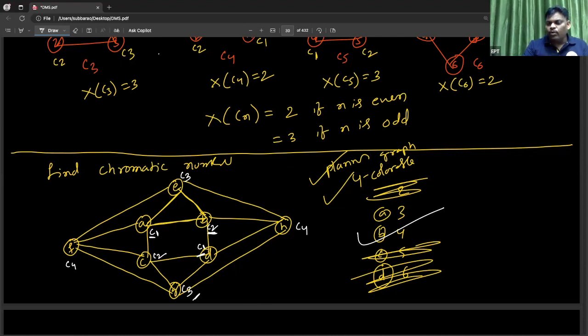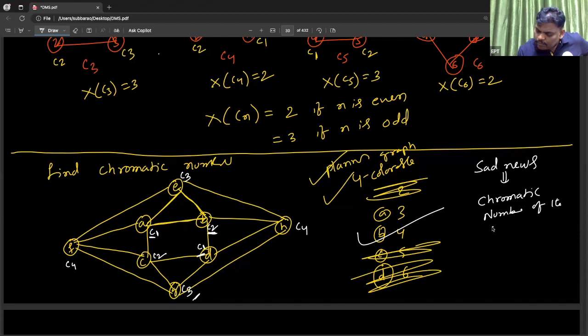Yeah, and one more sad news. One sad news I want to tell you. Listen. Finding the chromatic number of the graph is an NP complete problem.